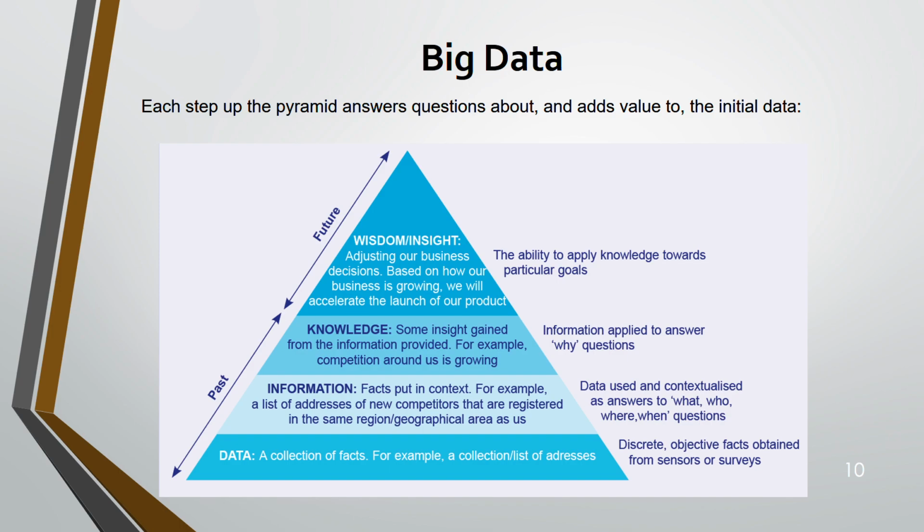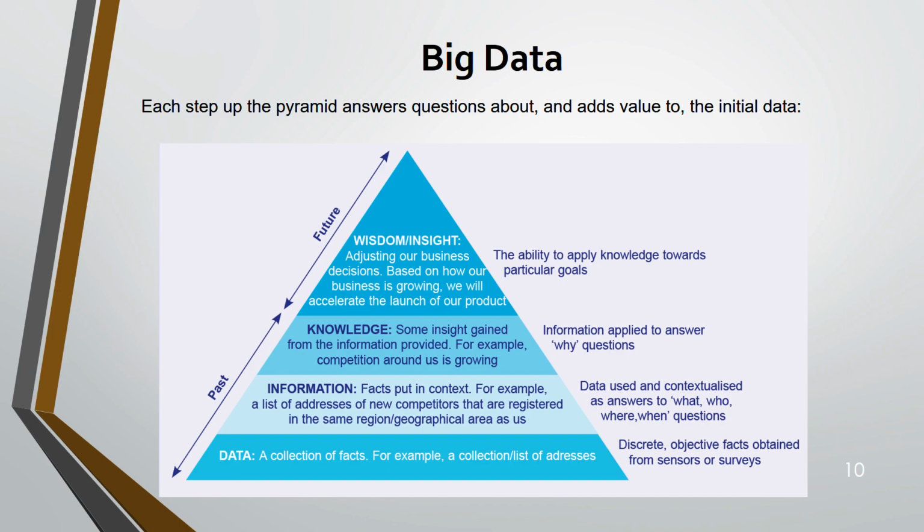So all this collection of data, we'll start with the data first. Collection of facts. For example, you are collecting a list of addresses. It's data, because we don't know what the information is. Addresses are just some facts that you have got from some survey or some sensor. Next is information. You put these facts into context. For example, a list of addresses of new competitors.